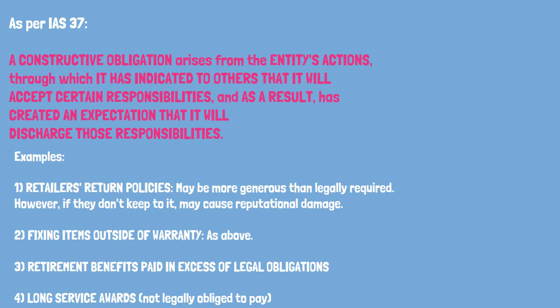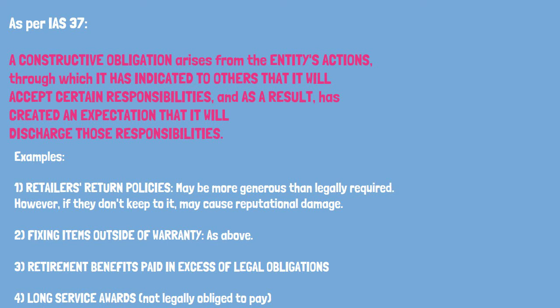Similarly, fixing items outside of warranty. And then if we go into employee costs, then you have two things: long service awards. So if an individual is paid or given a gift after 10, 25, 50 years, and however much that gift may be, a company is not legally obliged to give that. However, in their normal course of business, they see it as beneficial to do so, and they have historically done it.